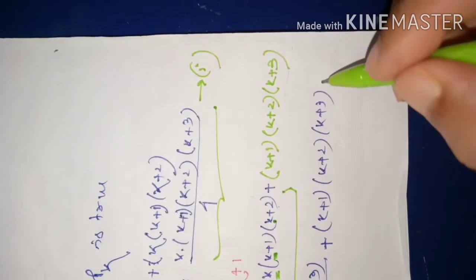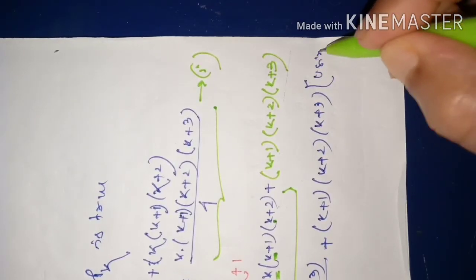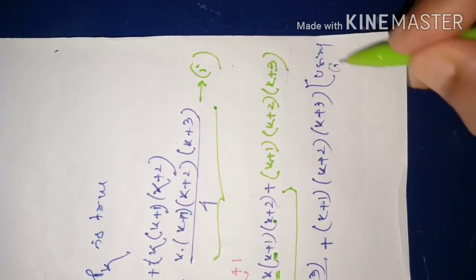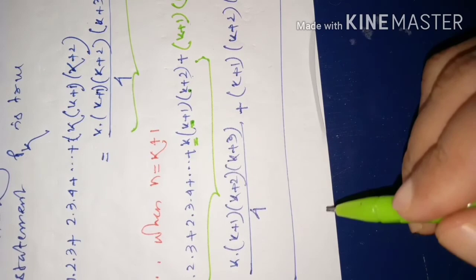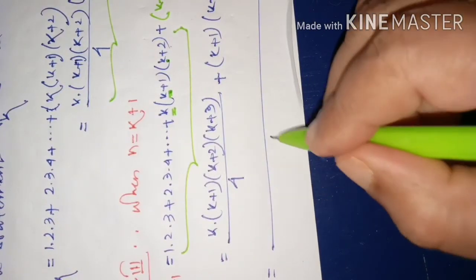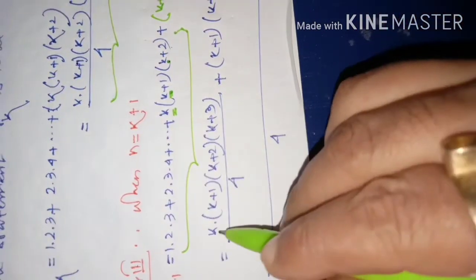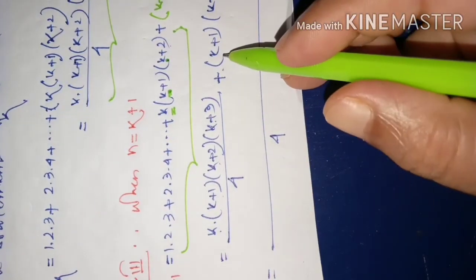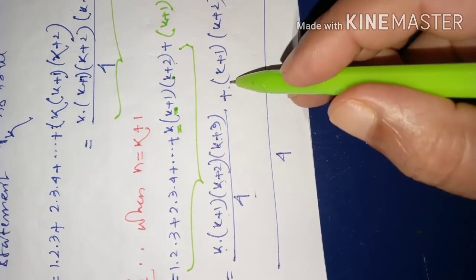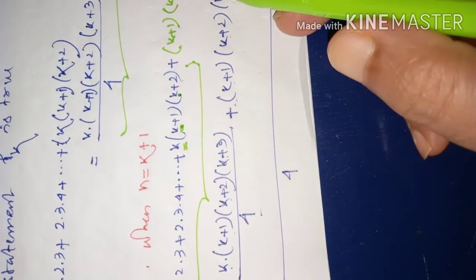Here I am using statement 1. Next will be our LCM part. LCM is 4 here. So here will be k into k plus 1, k plus 2, k plus 3, and here will be 4 into k plus 1, k plus 2, k plus 3.